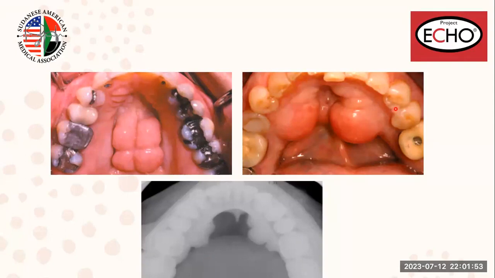Again, they are sitting against the premolar area or the canine area, and they're quite big. If you take an occlusal view X-ray, you can see them. This is not the same patient, but you can see them quite opaque here. So these are torus mandibularis.